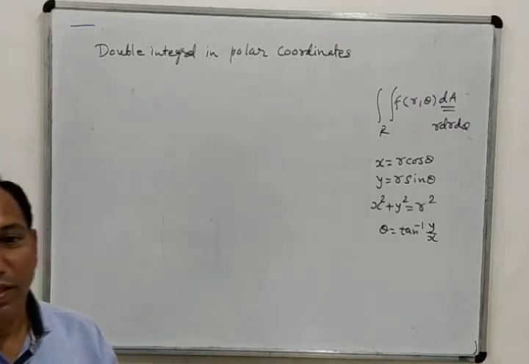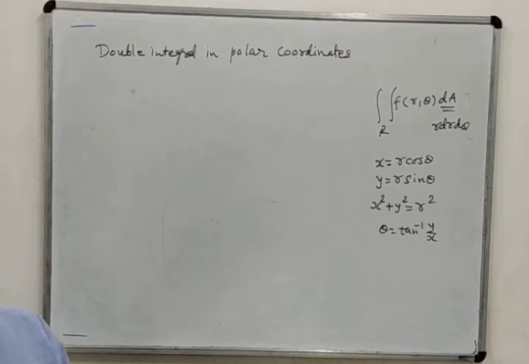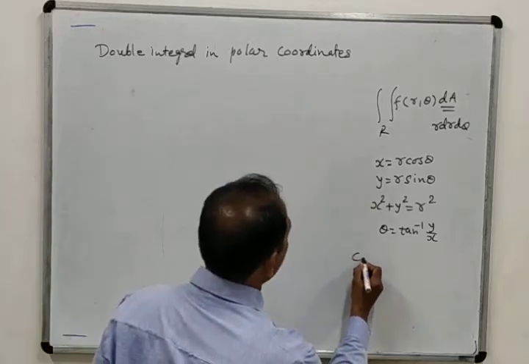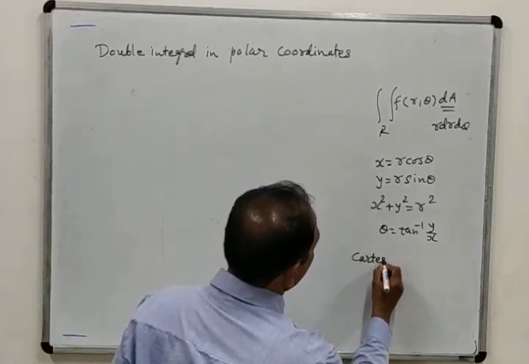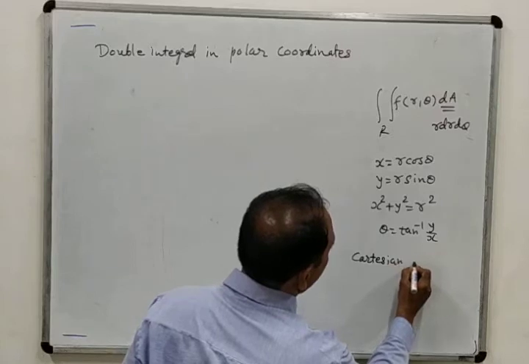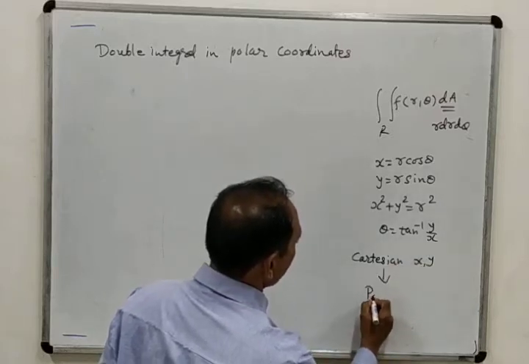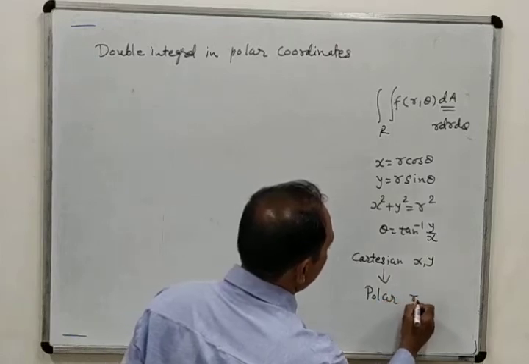Now let us see the examples which are given in Cartesian coordinates. Cartesian coordinates means x and y, and these can be converted into polar form, r and theta.